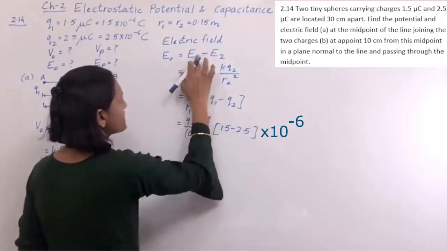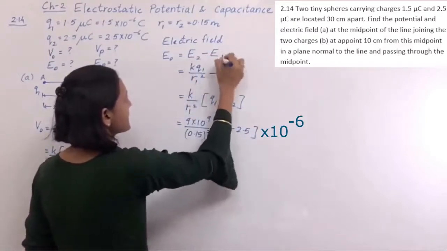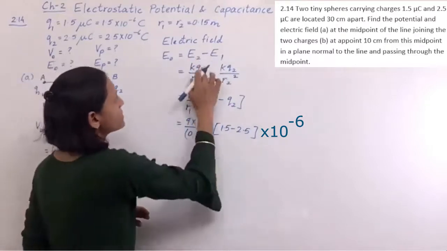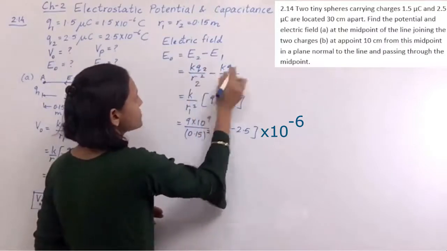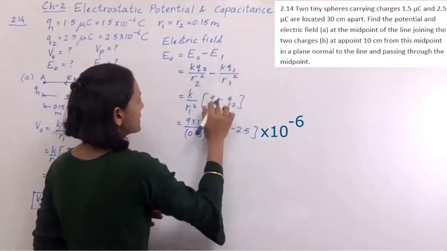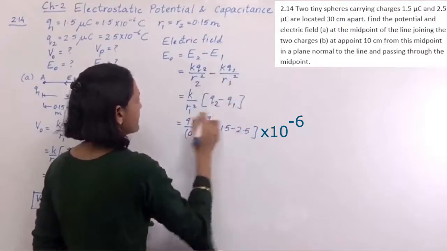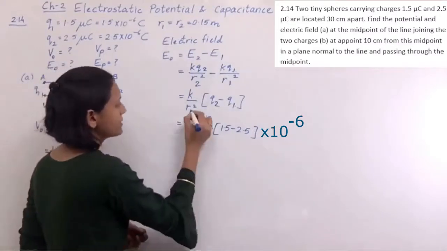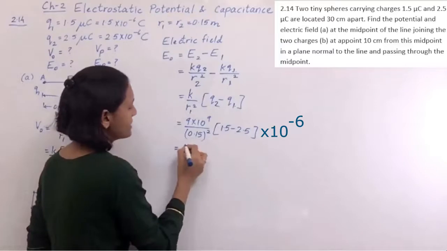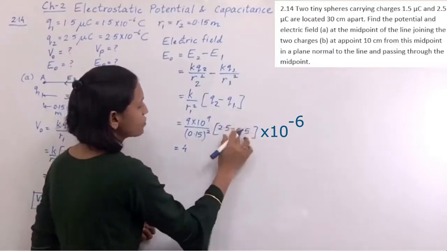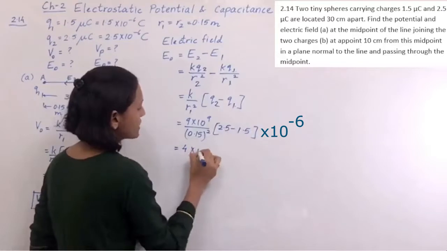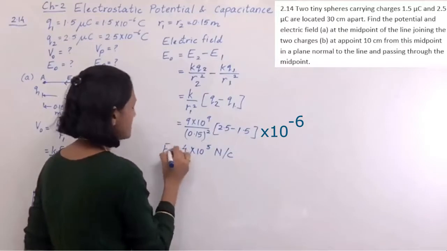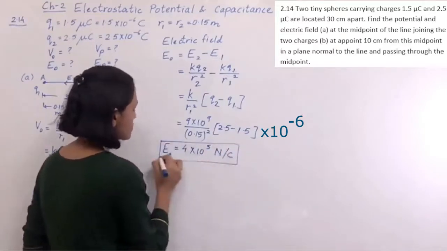If I take Q2 minus Q1, E2 minus E1, then I'll directly get the positive one, since E2 has the larger value. R1 and R2 can be taken as R itself. So finally your answer will be 2.5 minus 1.5, 4 into 10 raised to 5 Newton per Coulomb or volt per meter, E0, right? This is the solution for part A.